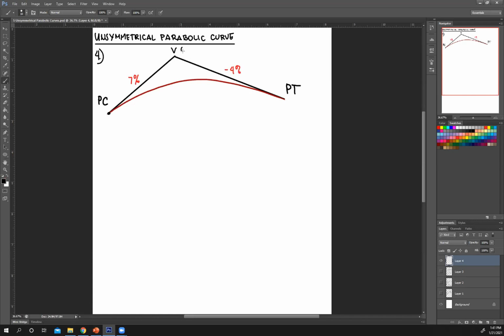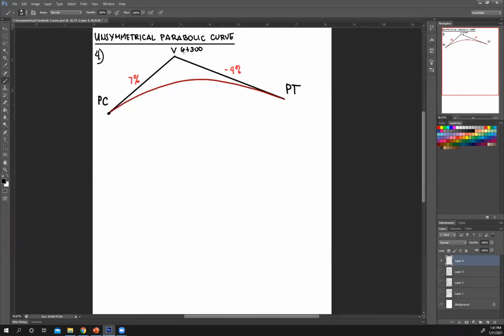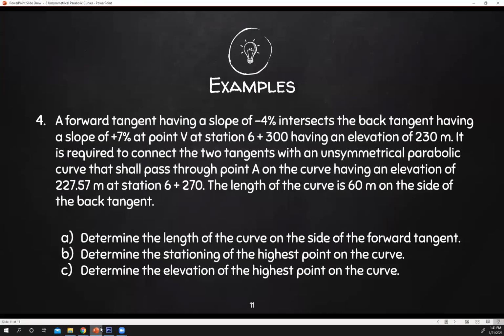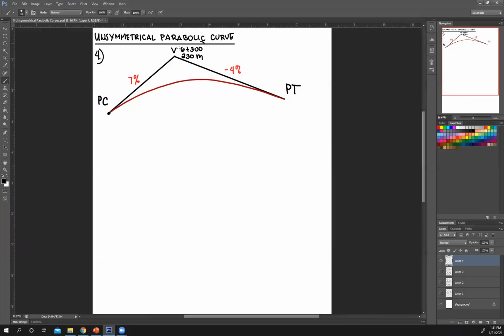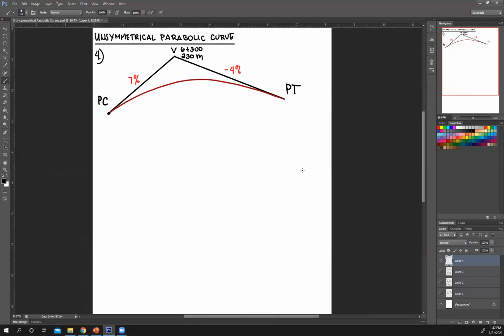So this is your V. It is required to connect the 2 tangents with an unsymmetrical curve passing through point A at station 6 plus 270. Since this is 6 plus 300, 6 plus 270 would be somewhere over here, at this mark. And that is point A.